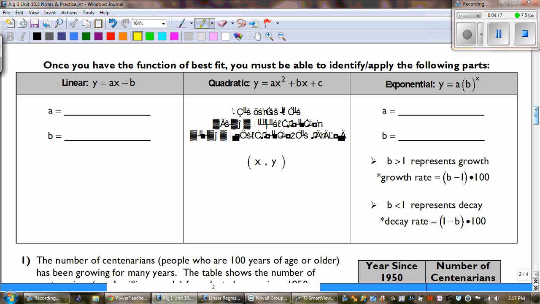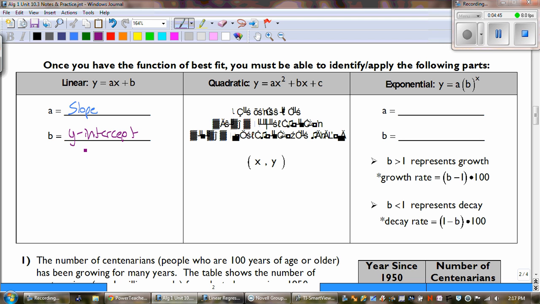Once you have the function of best fit, you must be able to apply the following parts. Mine looks a little different than yours. So A, linear is y equals ax plus b. It's just in a different order. That a is your slope, and that b is the y-intercept.